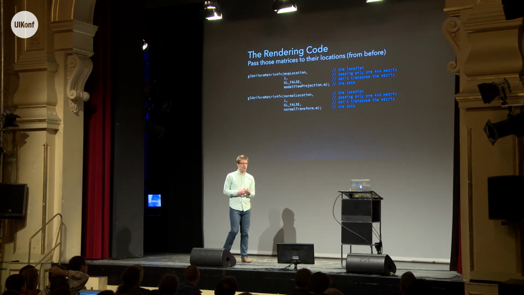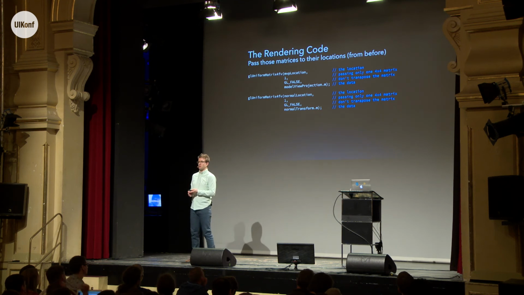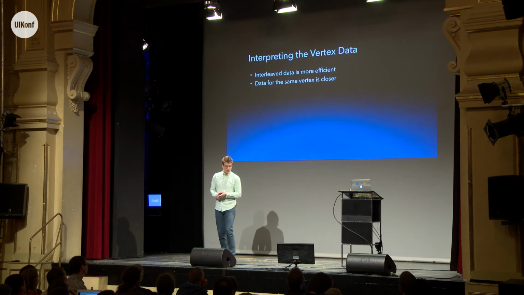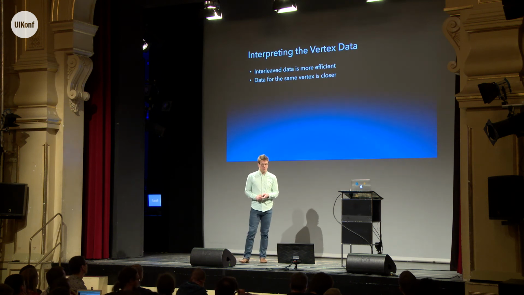So when we have calculated those, we pass those to their uniform locations, referenced by the 2 values that we stored from before. At this point, we are almost there, almost ready to render. But we need to make sense of our vertex data that until this point is just a bunch of bytes.